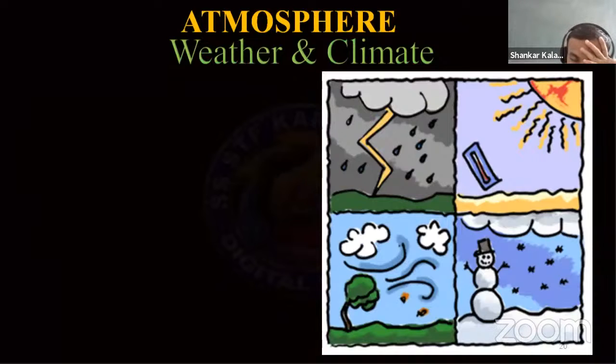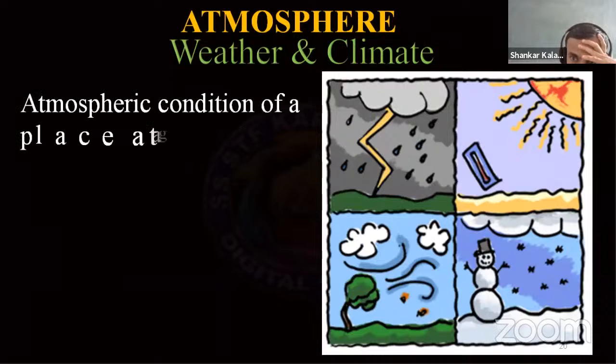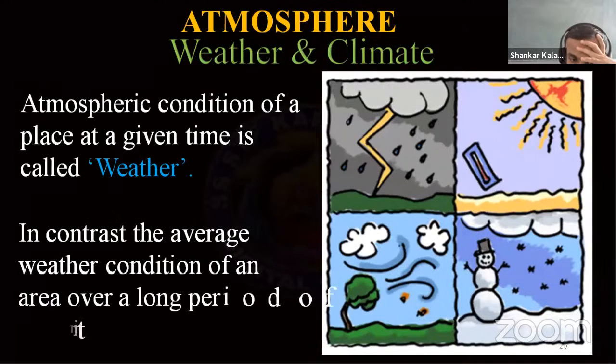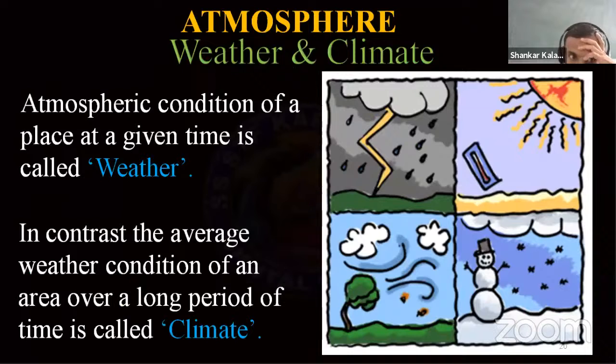The atmospheric condition of a place at a given time is called weather, and the average weather condition of an area over a long period of time is called climate.